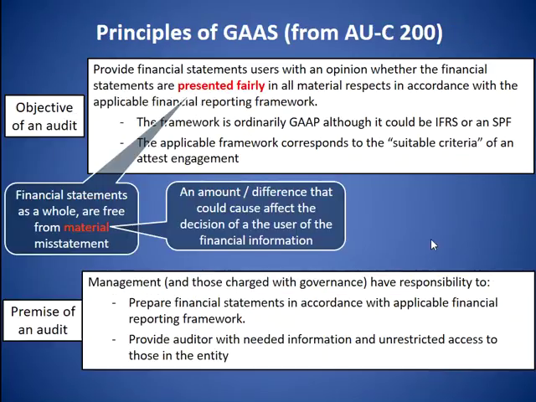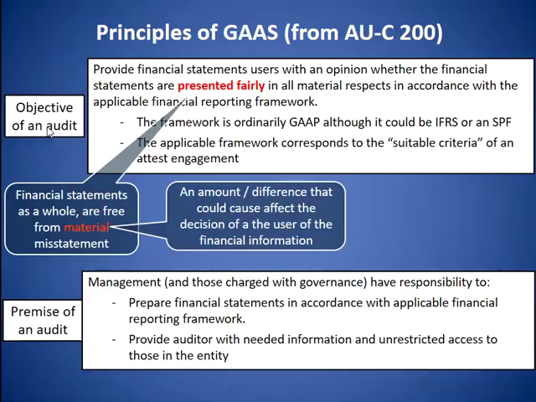Okay, now let's talk about the objective of an audit. And this comes from the generally accepted auditing standards, or in effect, principles of generally accepted auditing standards. And this comes from Clarified Auditing Standard AUC 200. And again, this is through the AICPA.